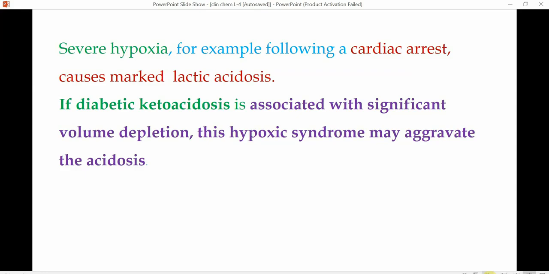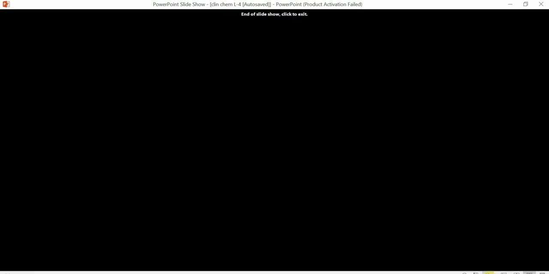If the diabetic ketoacidosis is associated also with significant volume depletion as a result, as we said earlier, of excessive urination produced by the osmotic diuresis of hyperglycemia, this would aggravate the acidosis produced by the ketone bodies accumulation.